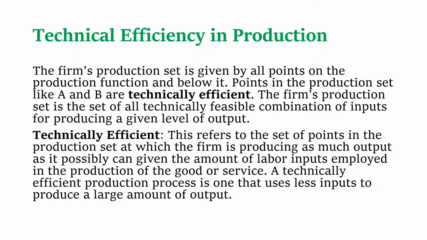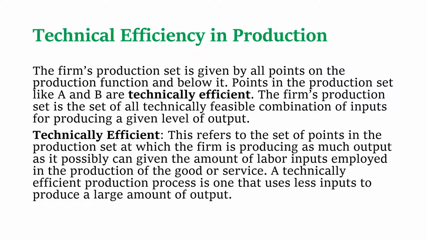But all the points on the production function and below it are all possible points of production. In other words, these are points in the production set of the producer.